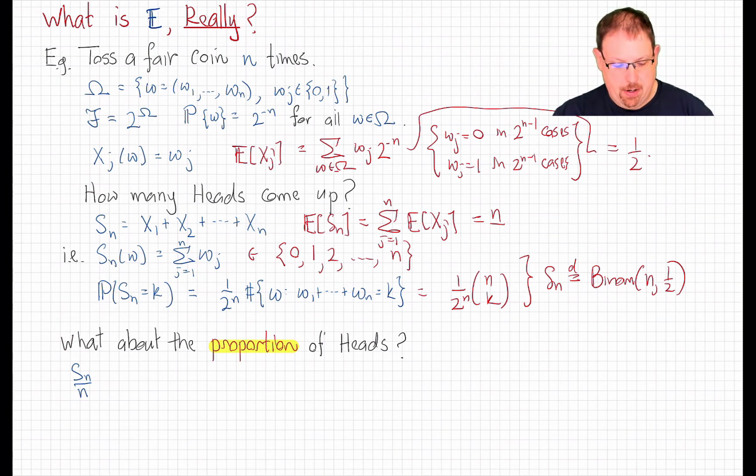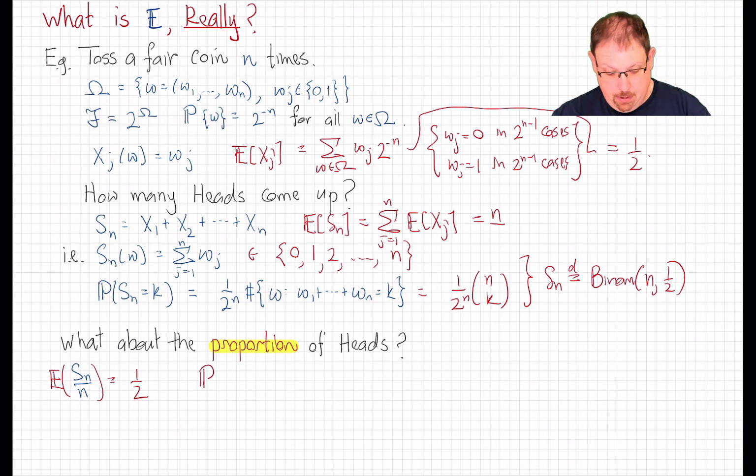Now that random variable has expected value equal to 1/2, since expectation is linear and the expected value of Sn is n halves. What we'd like to see is what that number 1/2 means in this context. It doesn't just mean the expected value. In fact, we'll see that the random variable Sn over n concentrates pretty heavily near the point 1/2 as n grows. How do we see that?